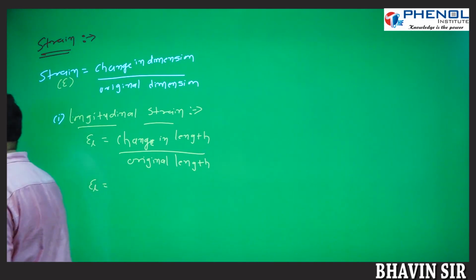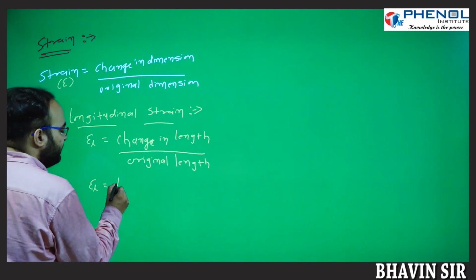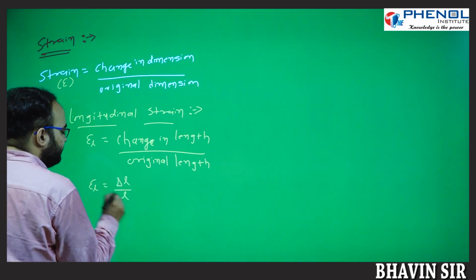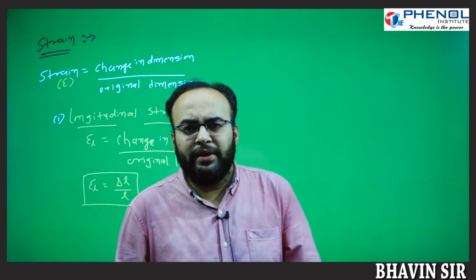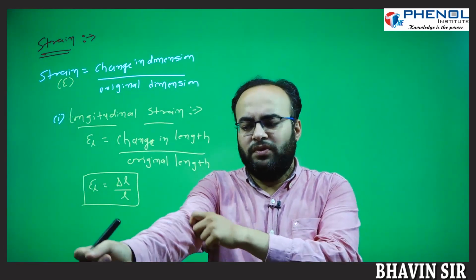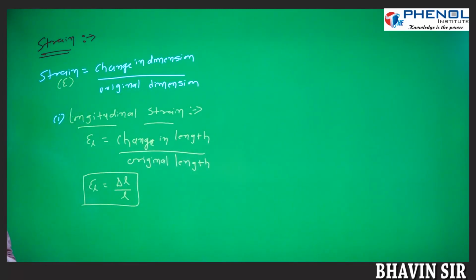So change in length by original length is known as longitudinal strain, delta L by L. But see students, there is no unit of strain because the meters cancel.